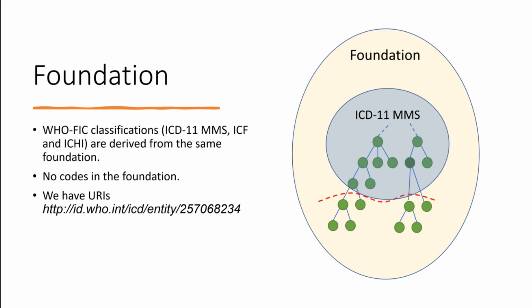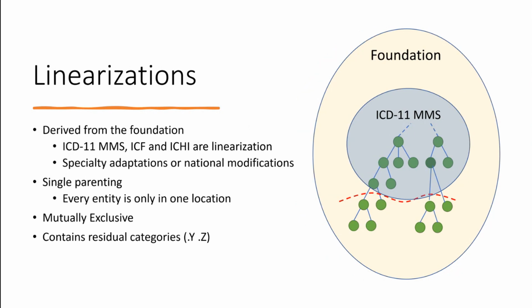So when you move, you have to make a change. As I said, this won't happen much because we really care about the stability of the classification, but it might happen. It certainly happens within releases from 10 to 11, for example, whereas URIs will be much more stable in that case. Now, the linearizations, again, these are derived from the foundation.